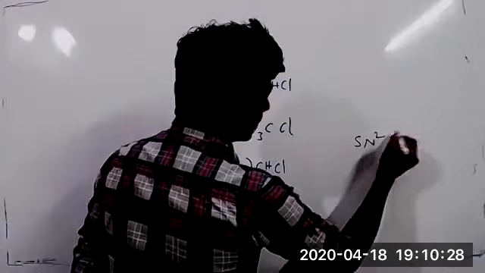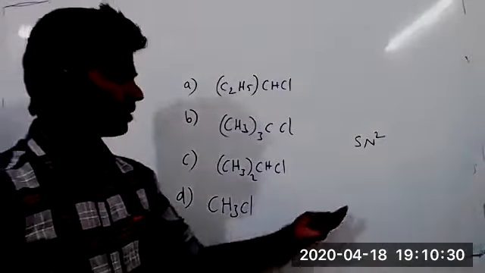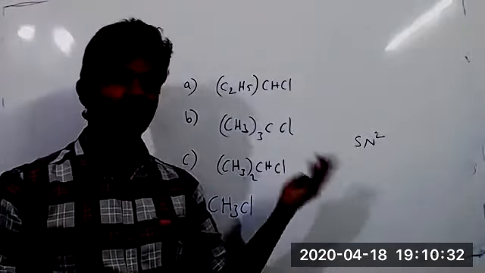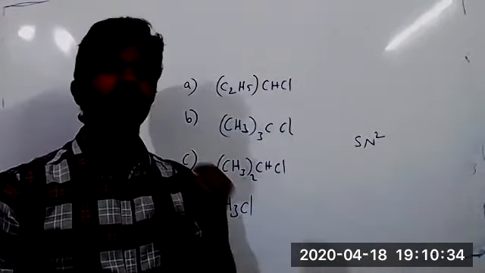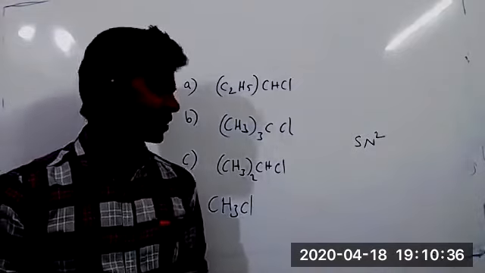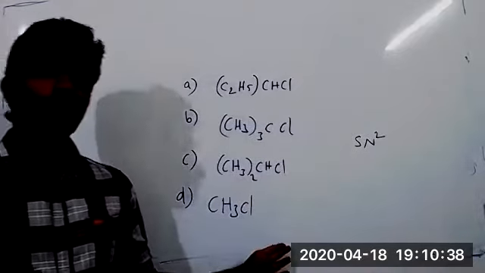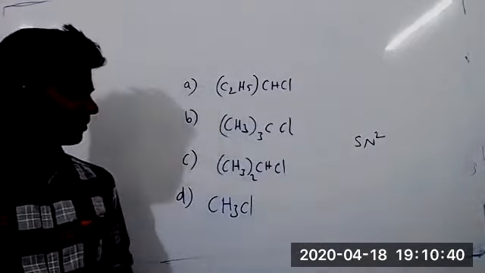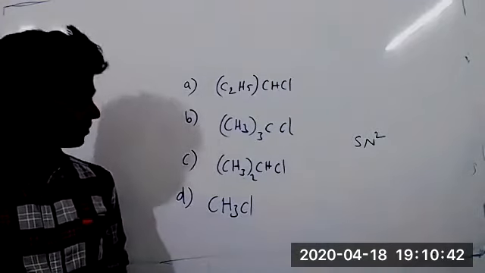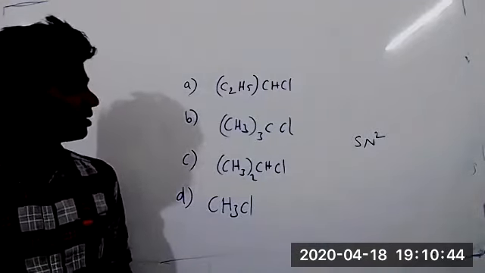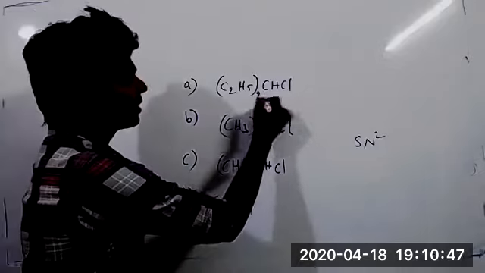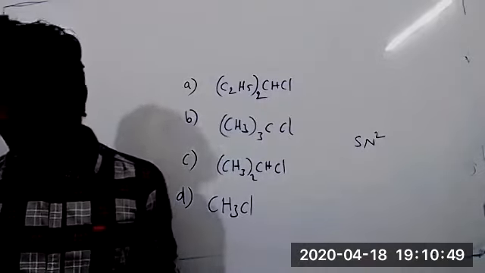During an SN2 reaction, you already know, it gives complete stereochemical opposition. It gives the inversion product. We call it Walden inversion. Which is more reactive towards SN2 reaction? D, sir. Very good.